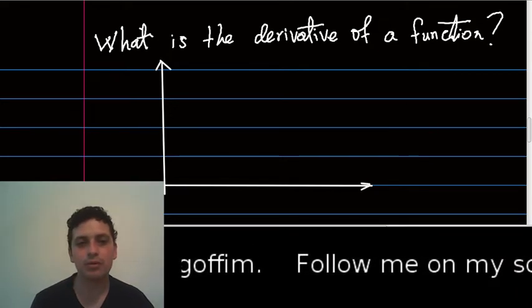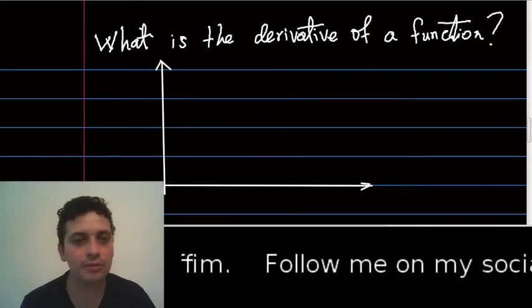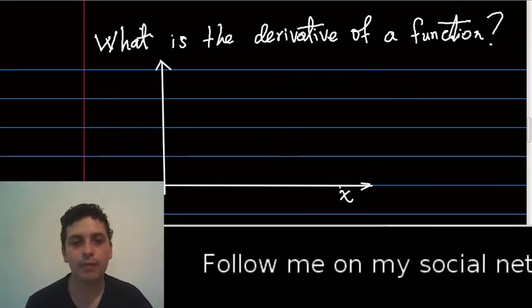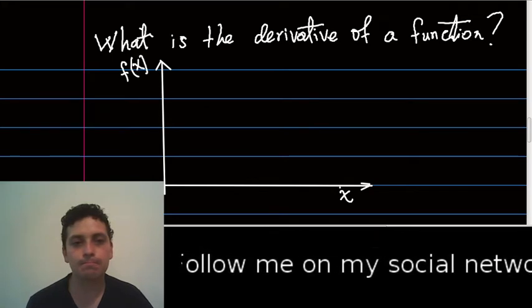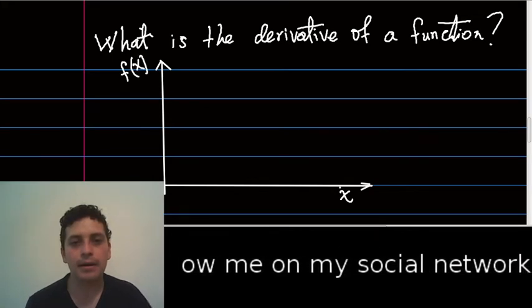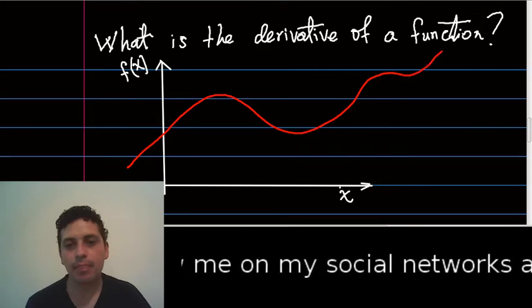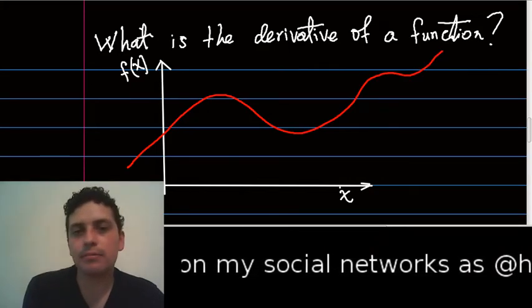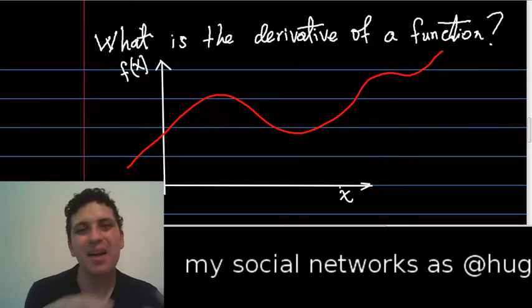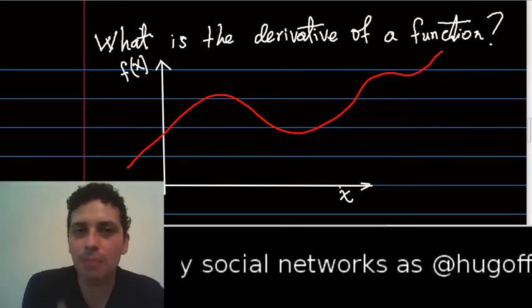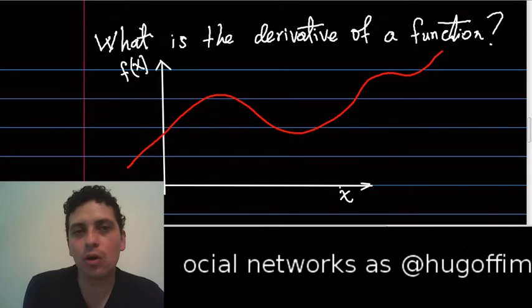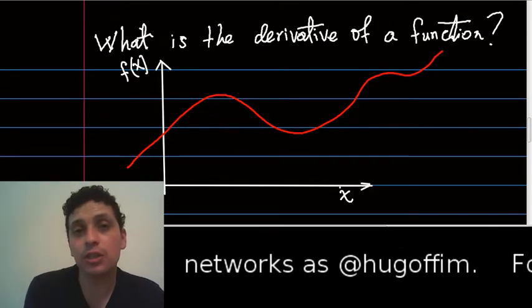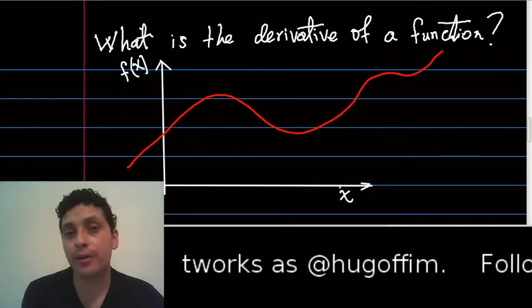So I'm going to use an example of a function on a graph. But the most important part, okay, it's not the most important part, but one key thing that we would like to check in a function is how the function is increasing or decreasing.